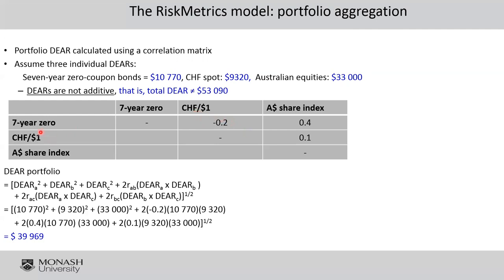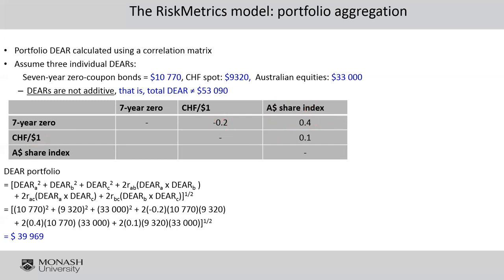The 7-year also has a correlation between the changes in the fixed income and the share price index, which reflects the changes in the equity. And we also have a correlation between the exchange rate and the index, which is the equities.